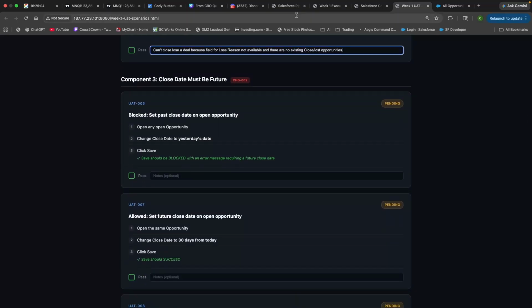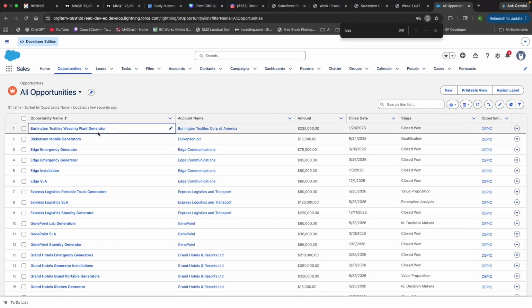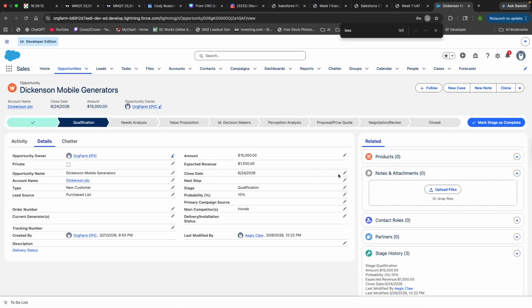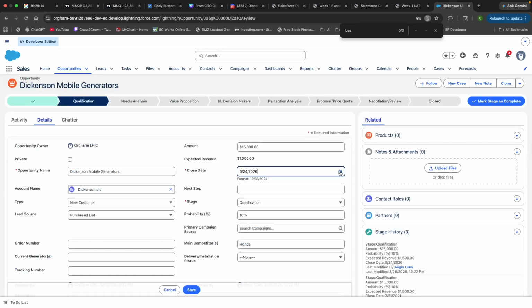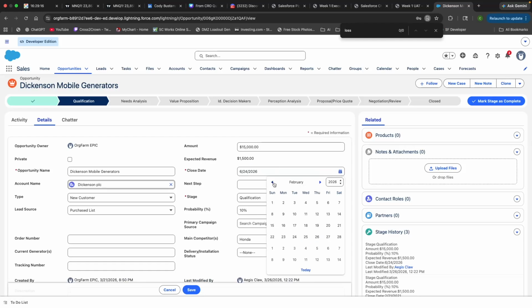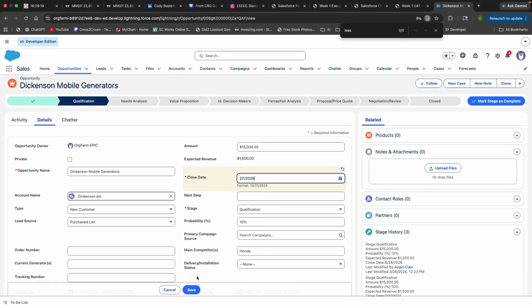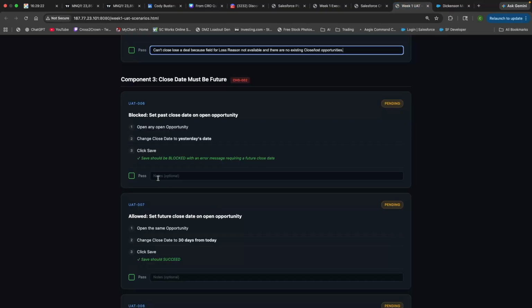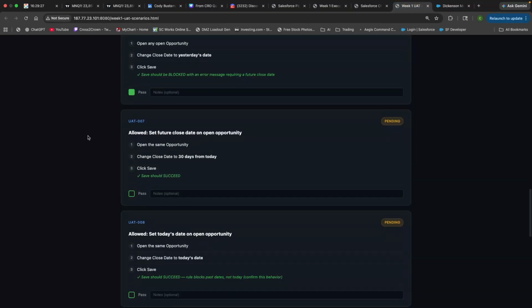Close date must be in the future. Okay, let's try that one. Close date. Yep, that works. That's cool. Set future close date allowed.